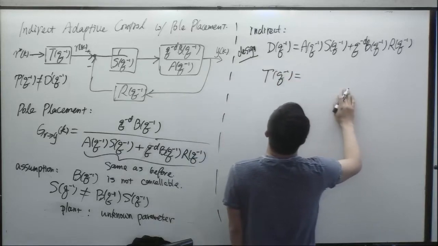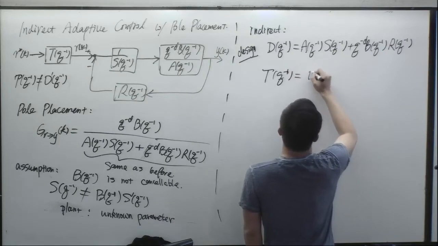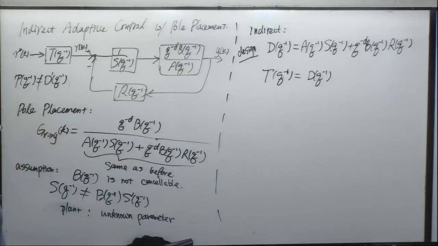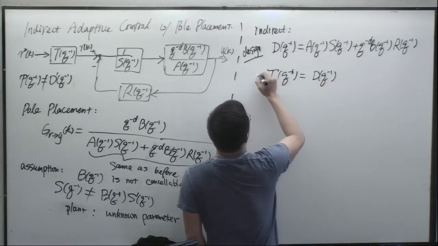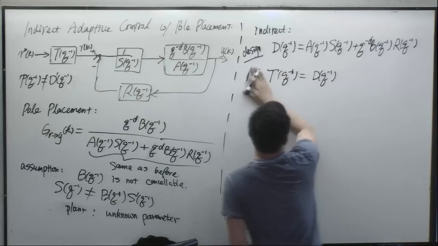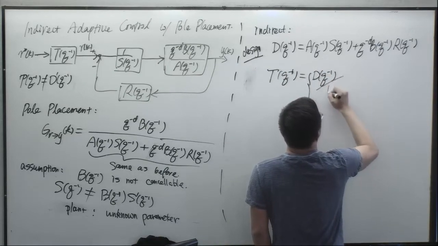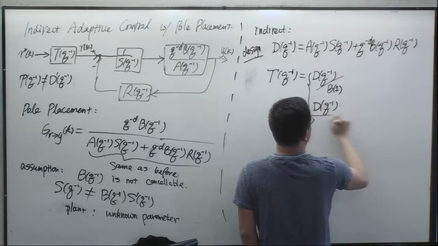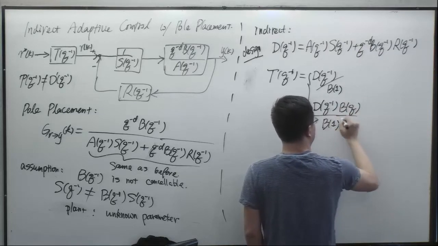So we design T this way. T to be DQ inverse, and then some part of B inside. Let's do it this way, or this way.